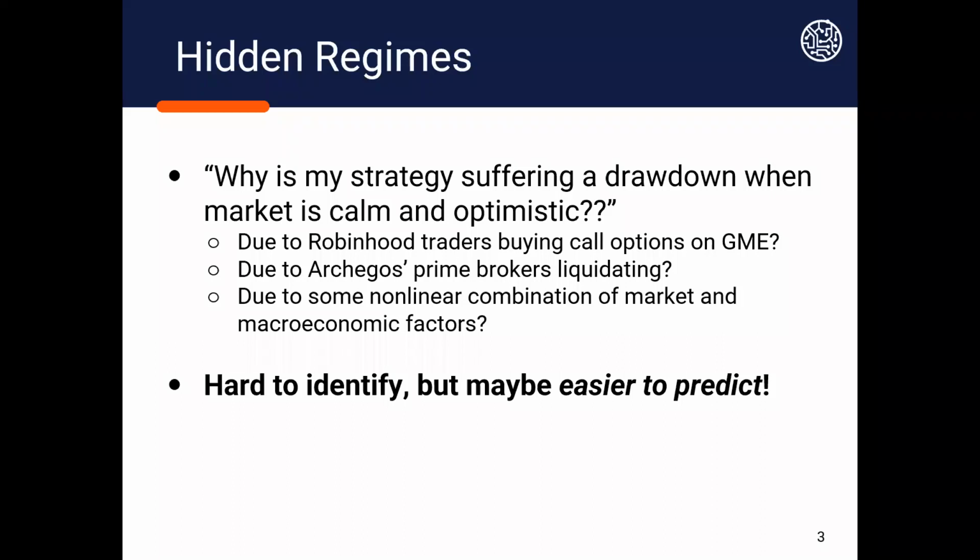So many portfolios and many hedge funds suffered big losses in, for example, 2021. But 2021 had been a great year for equities. Why is it that so many market neutral funds were not doing well, and some of the long short funds actually closed down shop in the first few months of 2022 after a very bad year? These are probably due to hidden regimes.